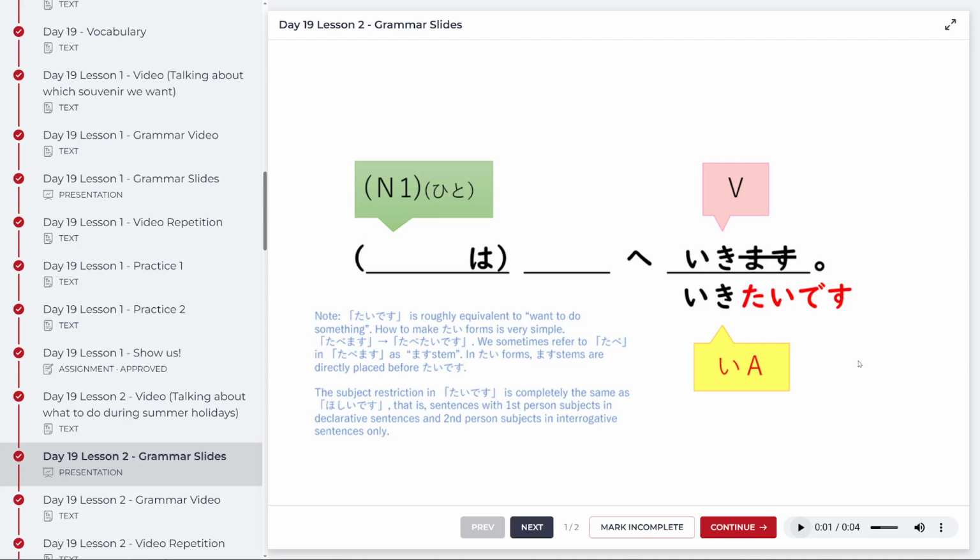I don't know if I got any of that, I'll be honest with you. So, this is a new verb form. Let's just look at the tabe real quick.